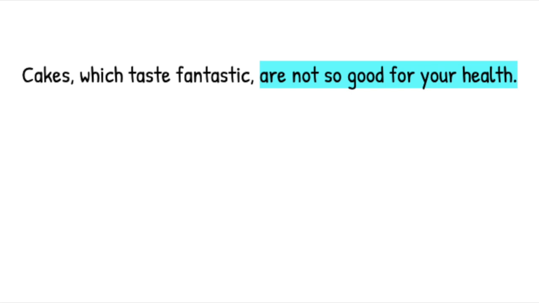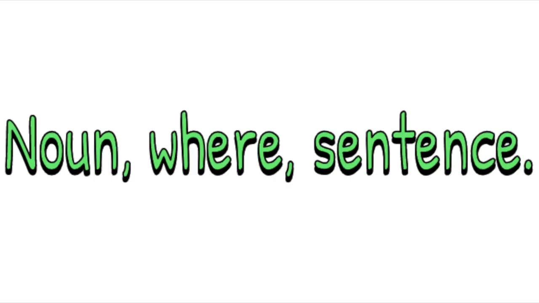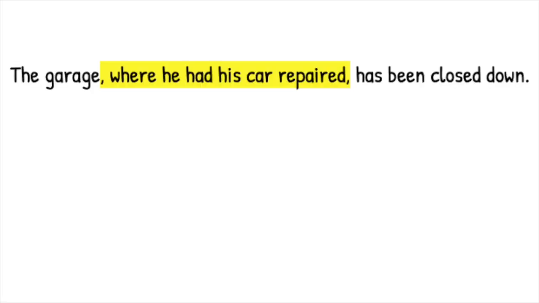Hope this makes sense. My last example today of a relative clause in the middle of a sentence is a noun, where sentence. This is perfect when describing a place. The noun will be the place. The garage, where he had his car repaired, has been closed down.